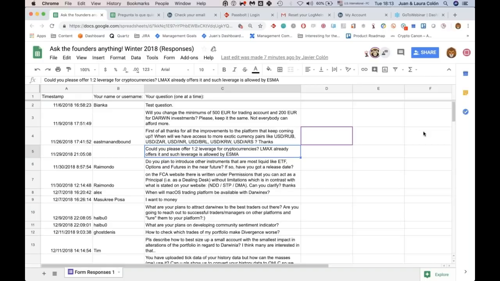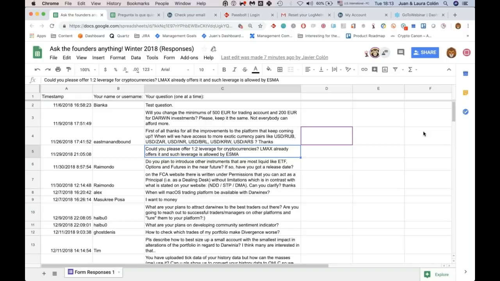LMAX, I think since 2 months ago, allows trading cryptos during the weekend, but we didn't want to open it because both our bridge providers make some restarts of their servers during the weekend.